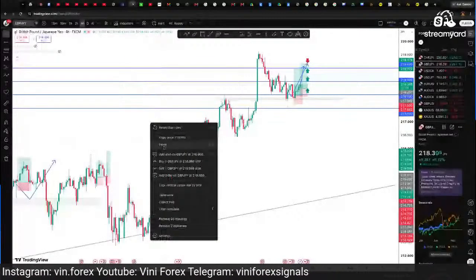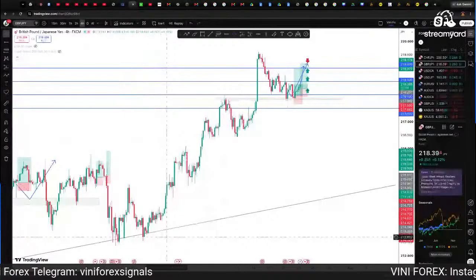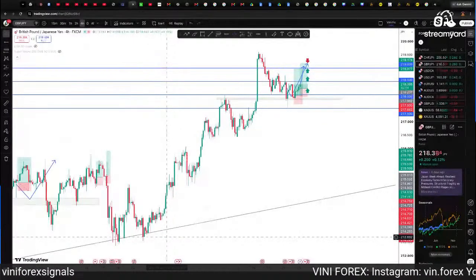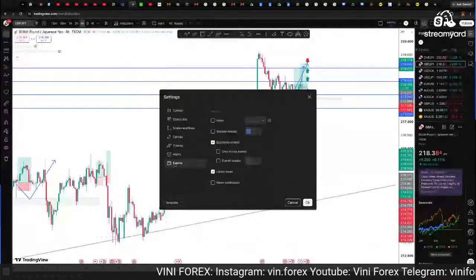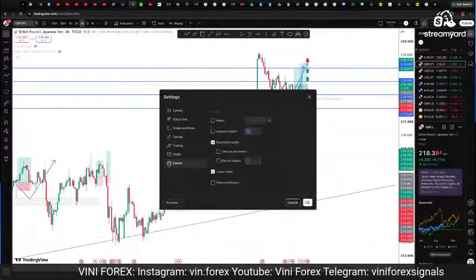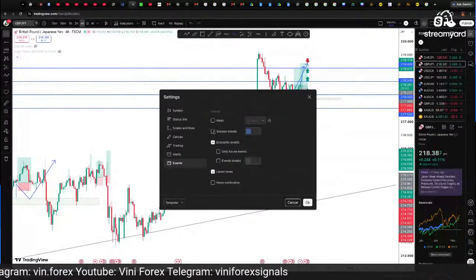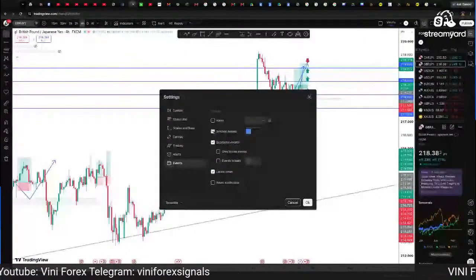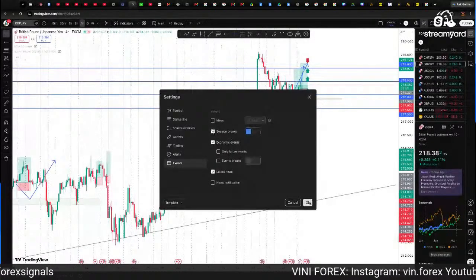I will click settings, then come on events. Here I will come to session breaks, toggle on session breaks, and then click OK.